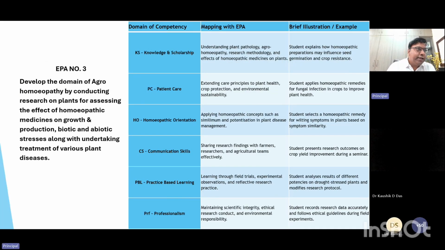Like this, there is another EPA. This is just an illustration of how to implement this, how to map the EPA with the domains of competencies.